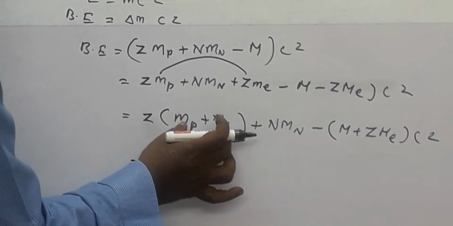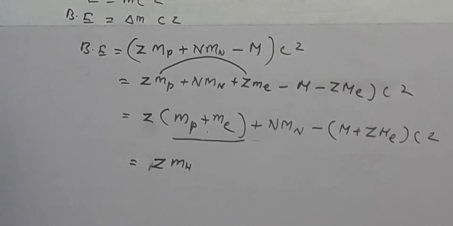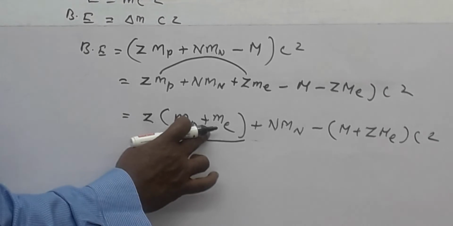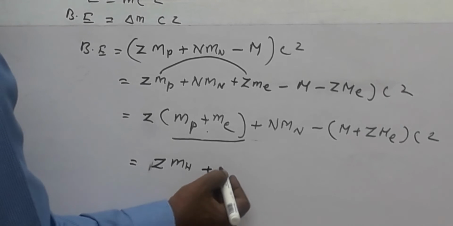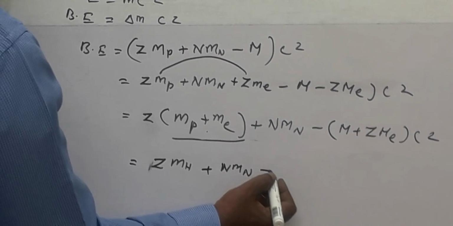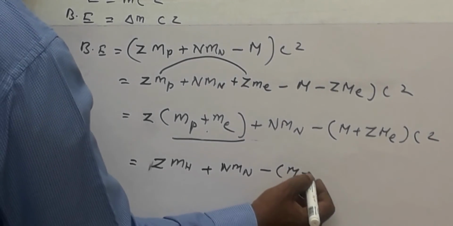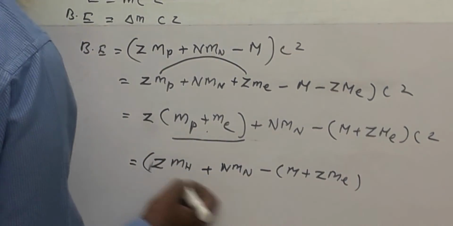So I can replace this value as Z mass of hydrogen plus n mass of neutron minus M, into c square.